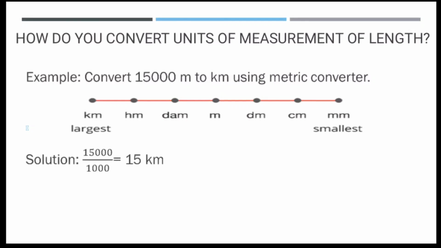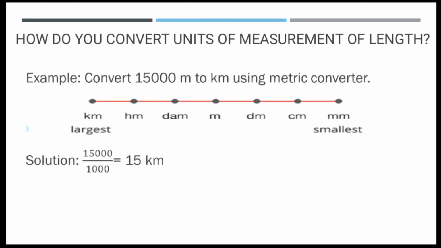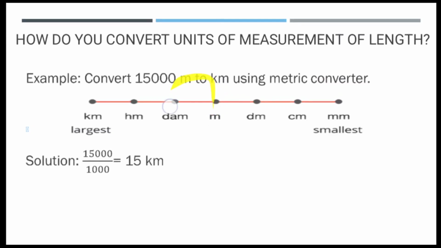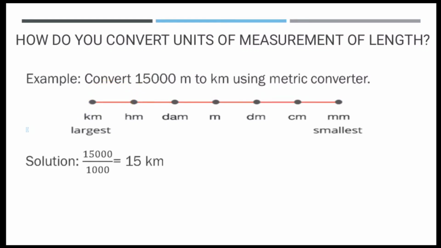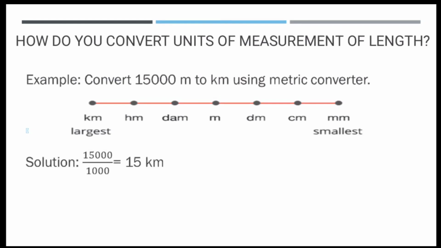The other example, convert 15,000 meters to kilometer using metric converter. Okay, so meters to kilometers, we have 1, 2, 3. As you can see, we move 3 units from right to left. In that case, you have to divide the given unit by 1,000 because 1,000 has 3 zeros.